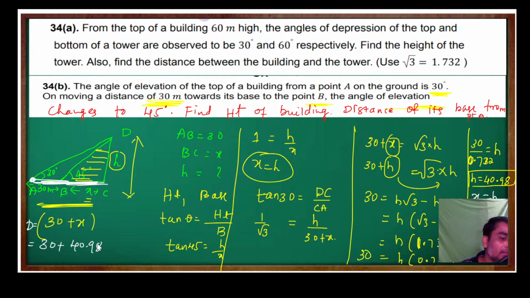Here you add. So you will get 70.98 as your distance. 70.98 meter. Okay, unit is also important, right? Everywhere, meter like that. Clear? Okay, we'll go to the next.